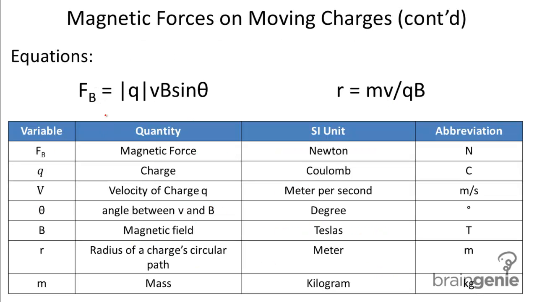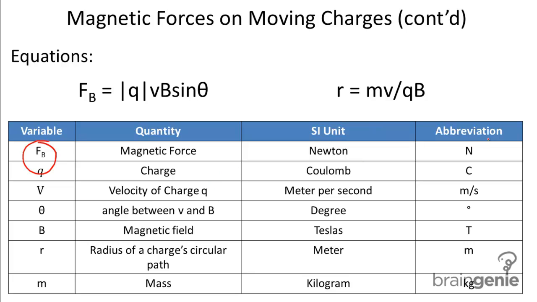The first is the magnitude of the magnetic force: the charge times the velocity times the magnetic field times the sine of the angle between the velocity and the magnetic field. In addition, the radius of its path is given by the mass times the velocity divided by the charge times the magnetic field.